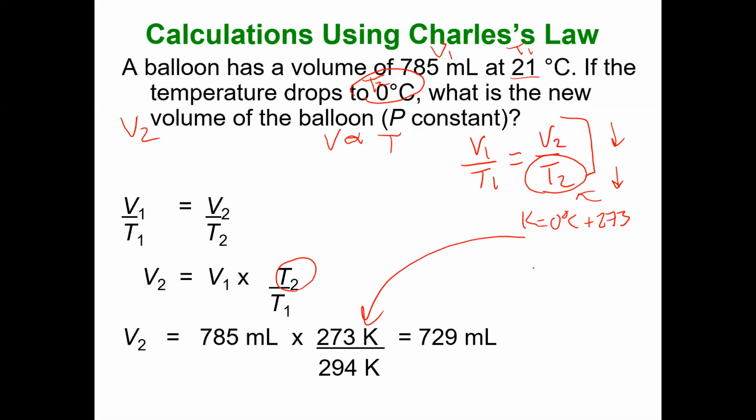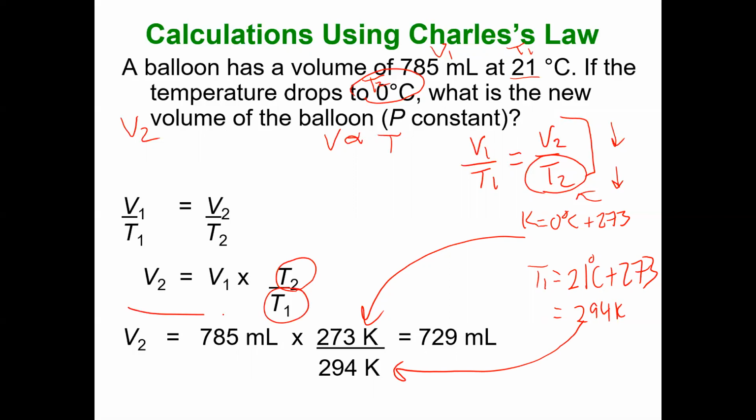T1 was 21 degrees Celsius plus 273. And when I add those two, I get 294 Kelvin, which is plugged in here for my T1.